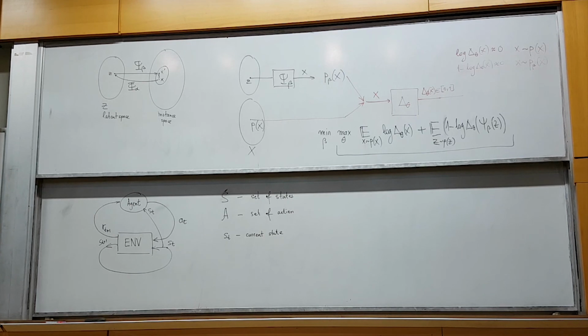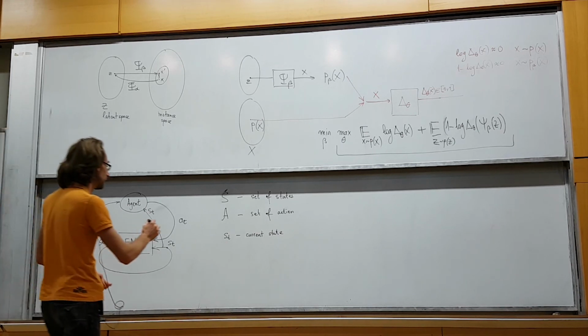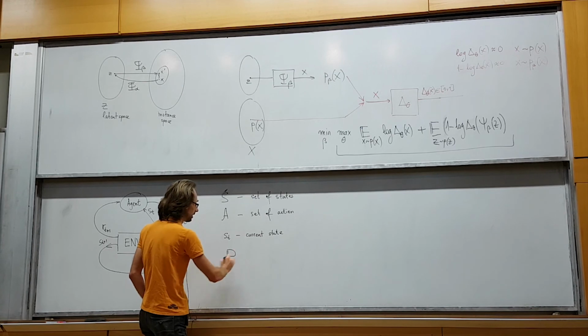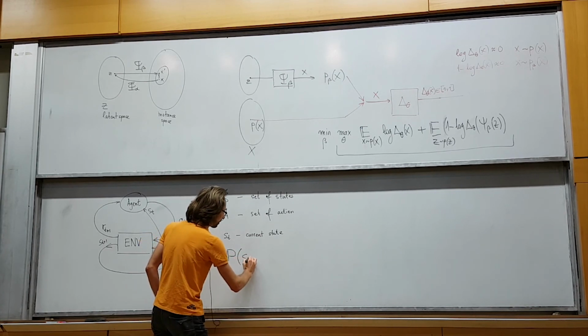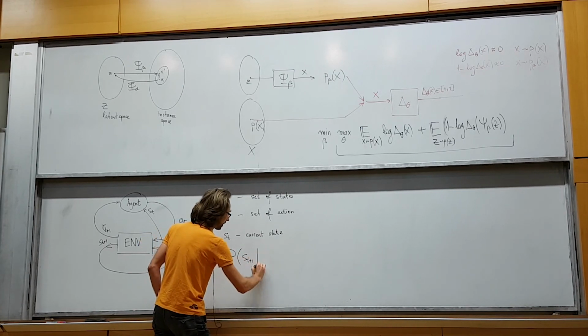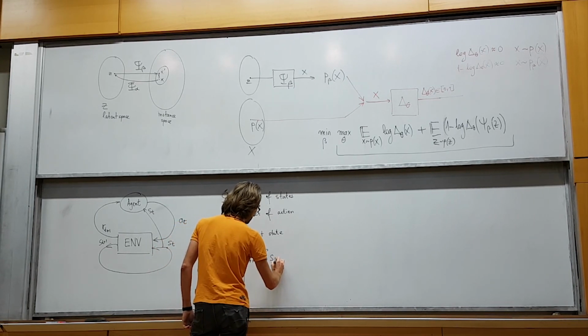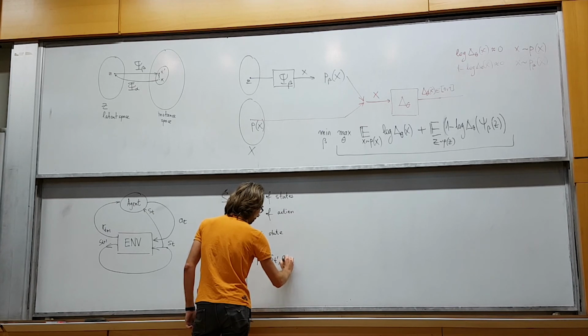And this will happen, at least in the general setting, as some kind of stochastic transition. It doesn't necessarily need to be deterministic, and the transition probability is essentially the probability of a new state ST plus 1, given basically all the previous states and all the previous actions.